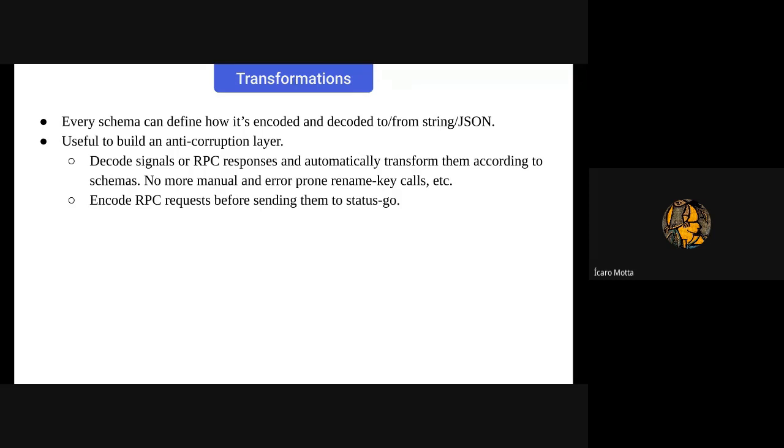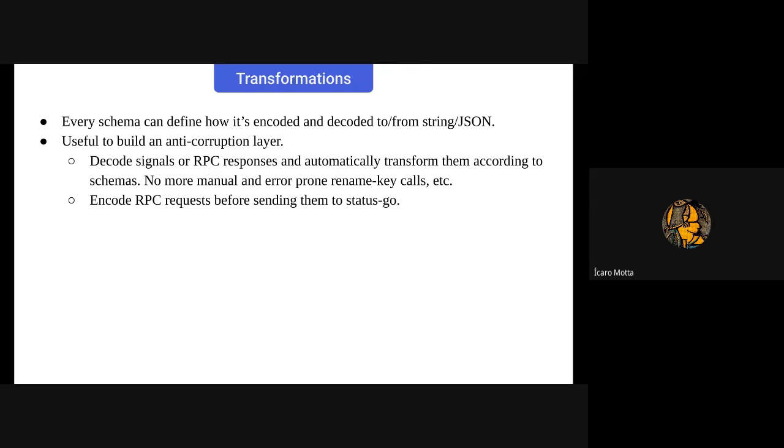And this allows you to create an anti-corruption layer. A practical example: signals coming from status go or any RPC response are automatically, in a uniform way, transformed, according to the schemas, to the Clojure data structures that we need inside the mobile app.